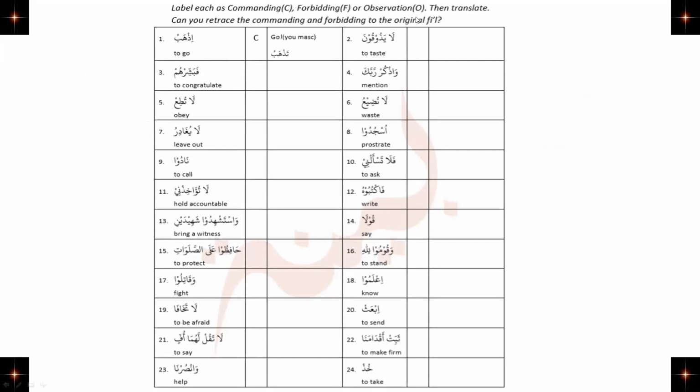So that is C, F, or O. Of course, you know what command is. Okay, let's start with forbidden. Forbidden will always have a la. That's what we say. La, don't do this. Anytime you hear la, it's about don't. But la can also be just for an observation to make a negation.